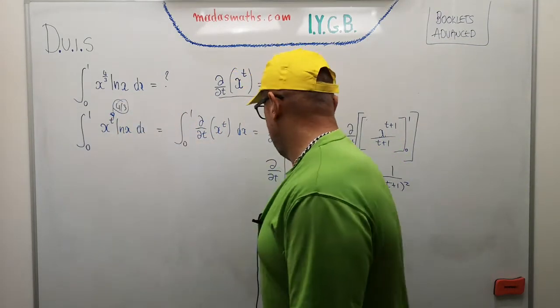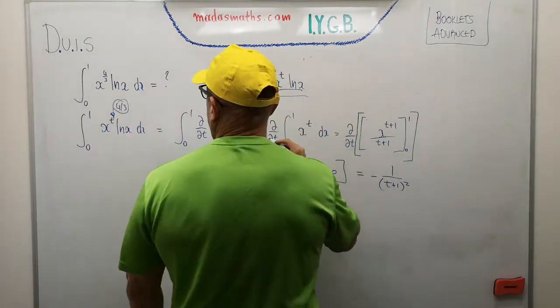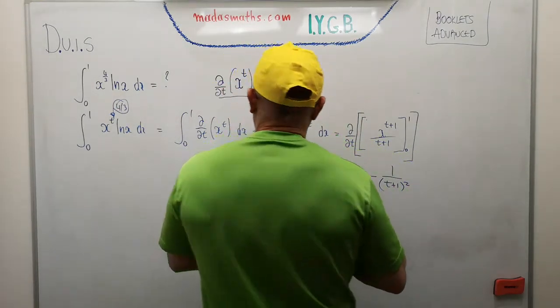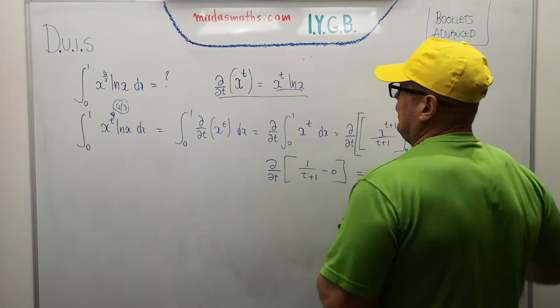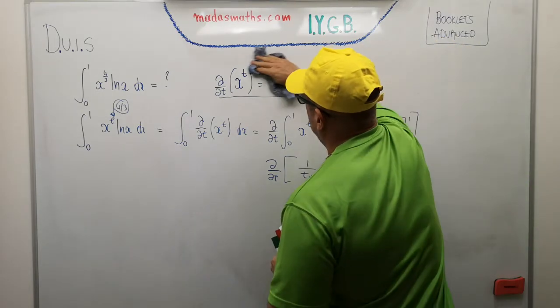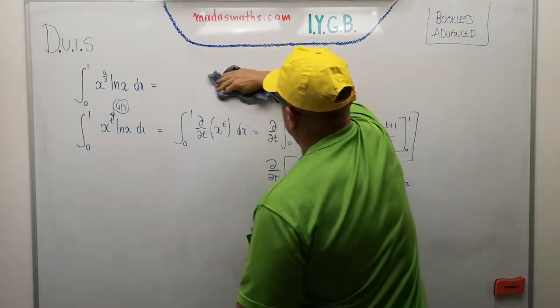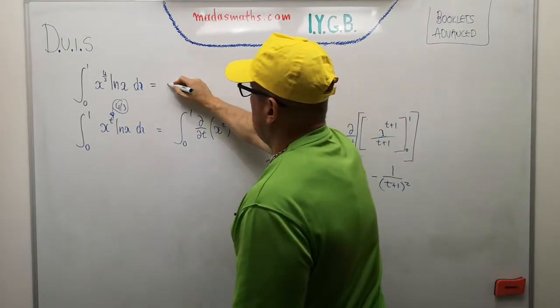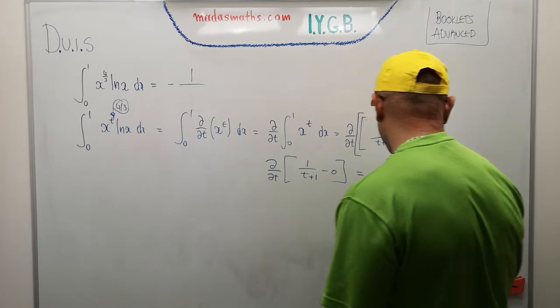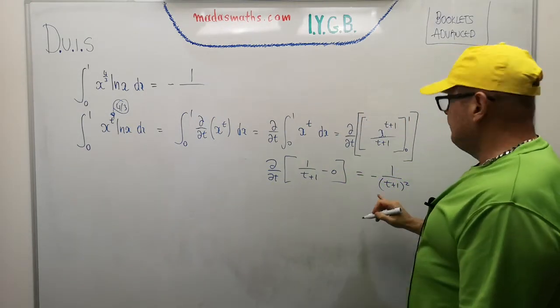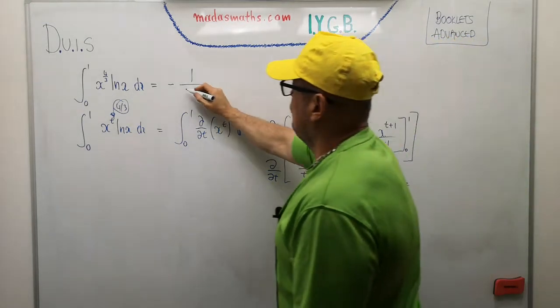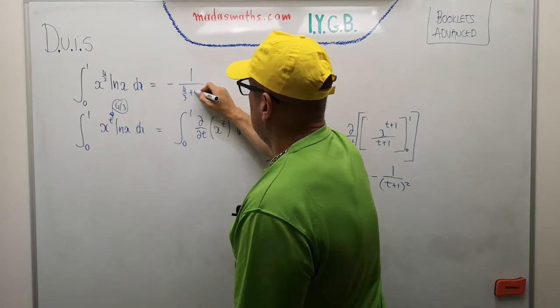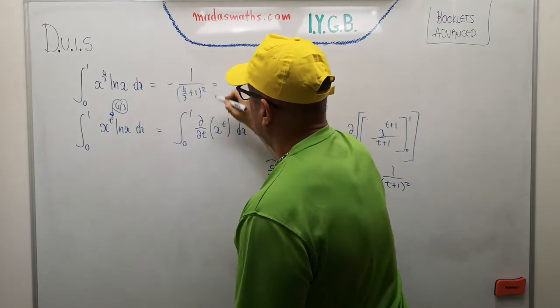All we need to do is rub off a little bit of the workings up there and return to my original integral. I put a question mark in there, but now we know the answer. The answer is minus 1 over t plus 1, where t is equal to 4/3, 4/3 plus 1, all squared.